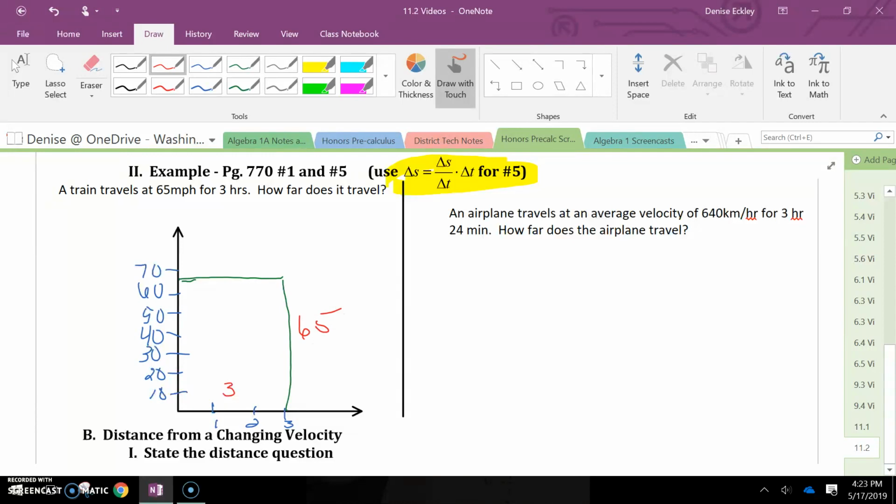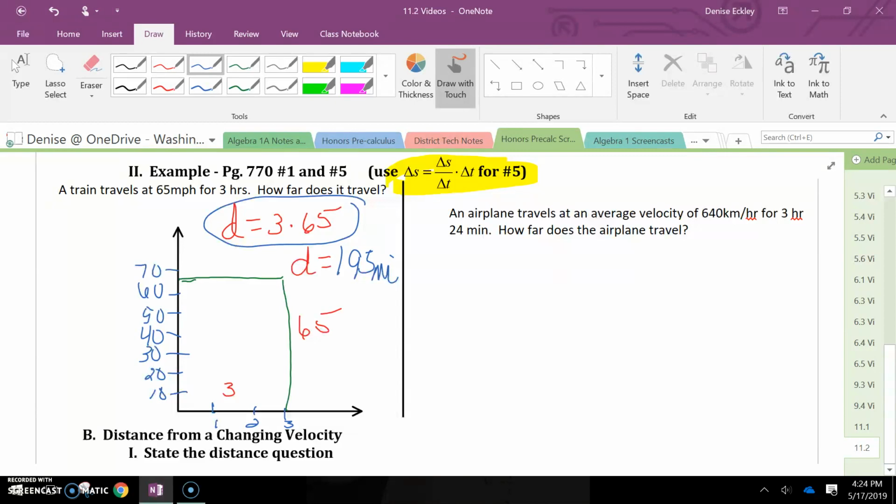So to find the distance traveled, we're going to take the base, which is 3, times the height, which is 65. So we get that the distance traveled is 195 miles. Okay, so that connects us to our original definition of distance, which is rate times time.